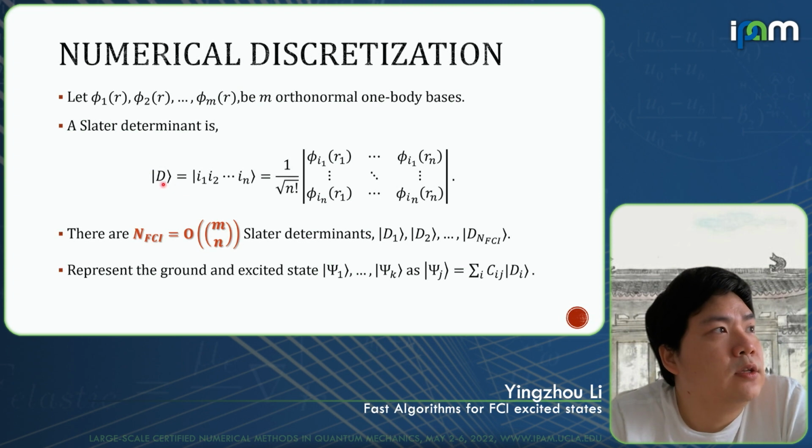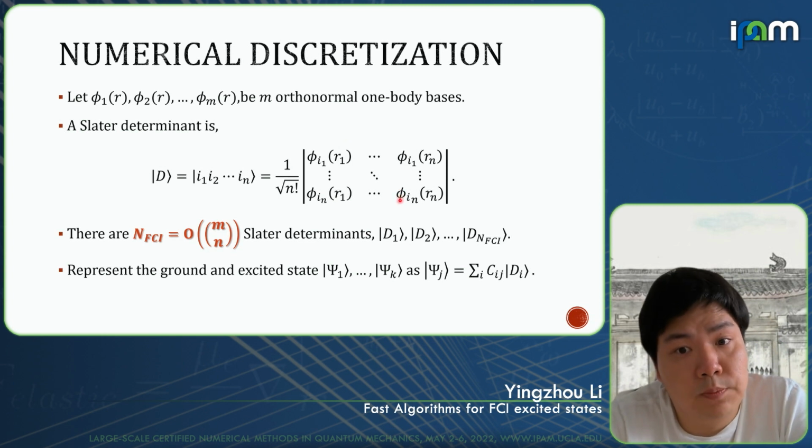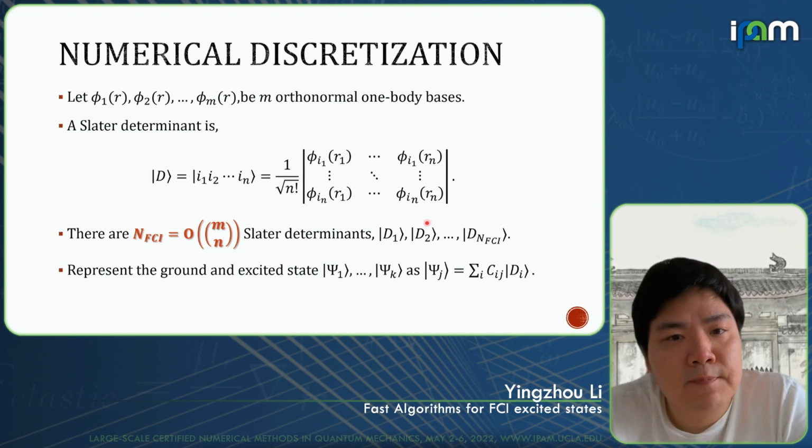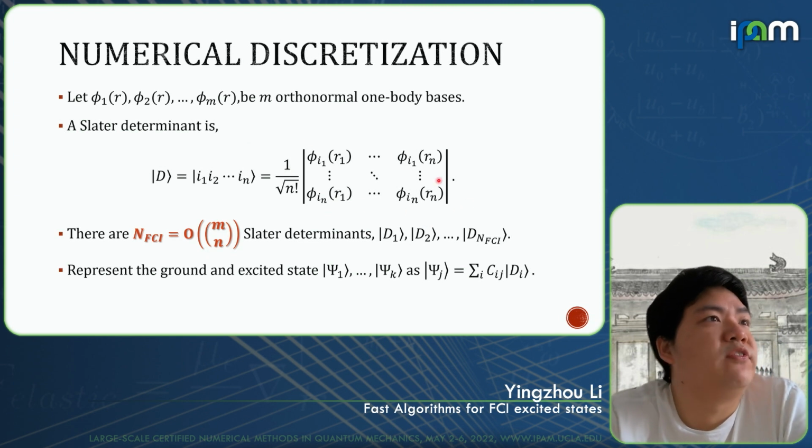And naturally, when we swap 2 positions of Ri, it is equivalent to swapping 2 columns of the determinant, and then you get a negative sign. So once you have a basis like Slater determinants, you naturally have anti-symmetry embedded, and this is the many-body wave function.